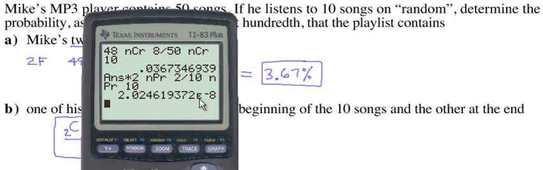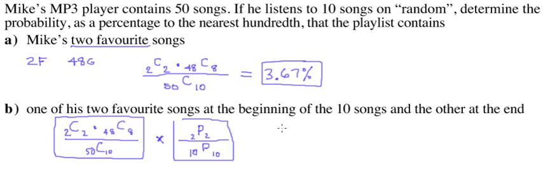E on a calculator is short for exponent, but it means times 10 to the. So this is a number in scientific notation. So just write that out now. 2.02461937 times 10 to the minus 8. Times 10 to the minus 8 means take this decimal and shift it 8 places to the left.